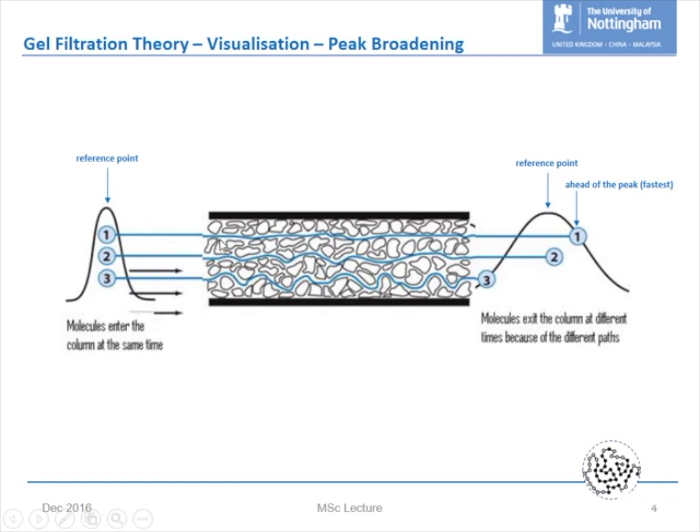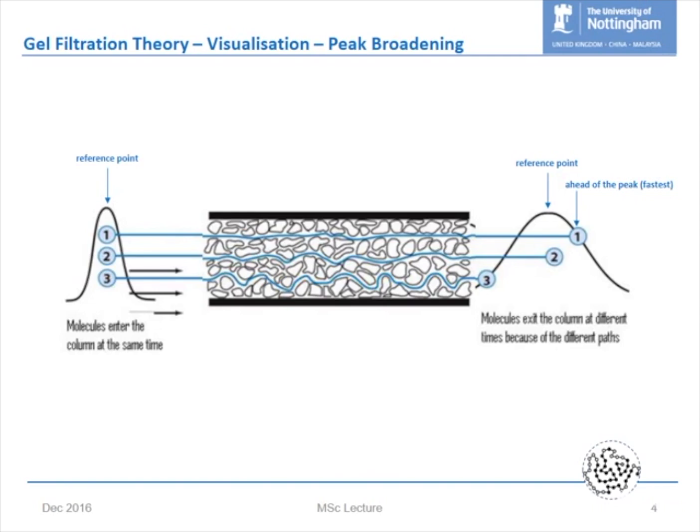There's a couple of processes that go on here. For example, the sample could take a very straight path through your bed, or it could take a more tortuous route through the bed, and those two processes cause peak broadening, which is something that we really don't want. As I said, based on the partition process, that's an inherent mechanism for peak broadening.